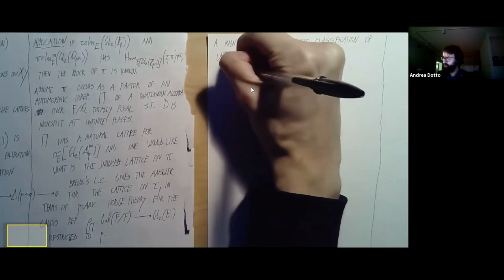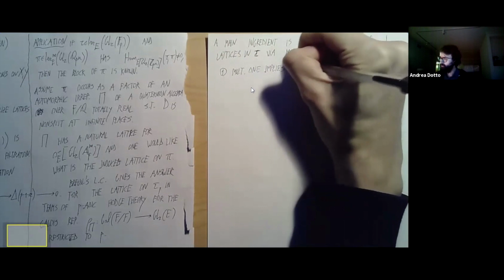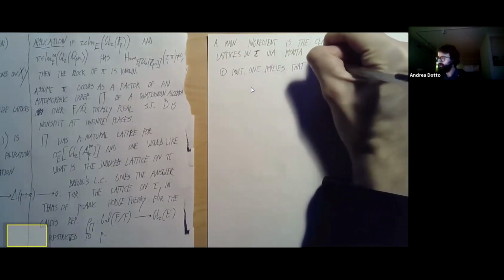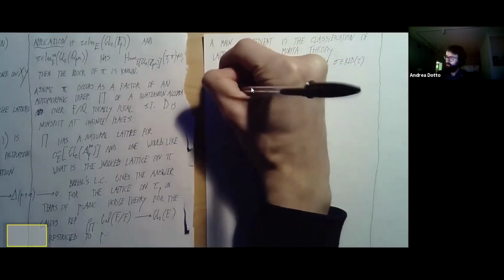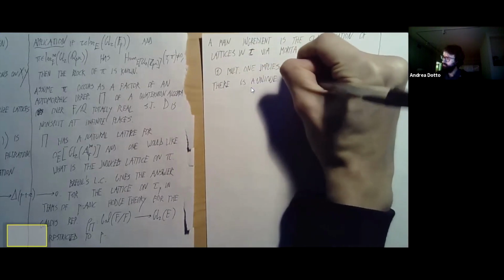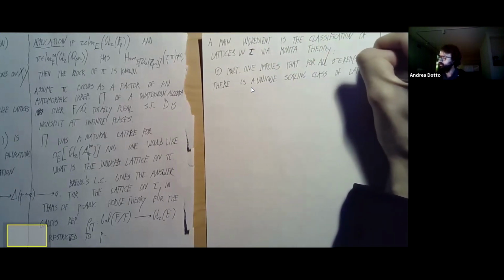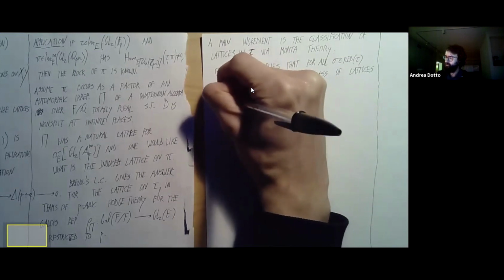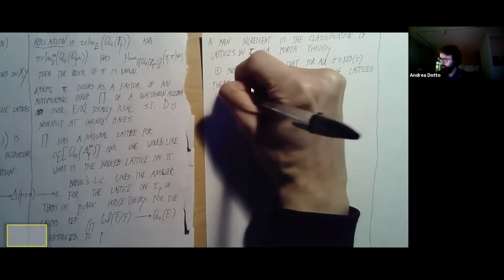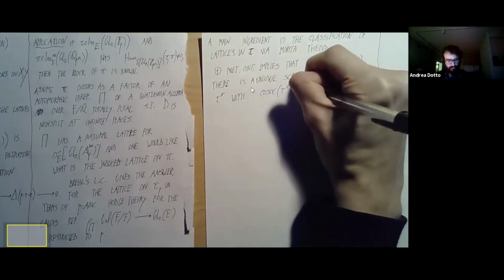The first one is that multiplicity 1 implies that for every simple module that appears in the reduction, so for all sigma contained in the reduction, there is a unique, up to scaling, lattice in tau with irreducible cosocle isomorphic to sigma.